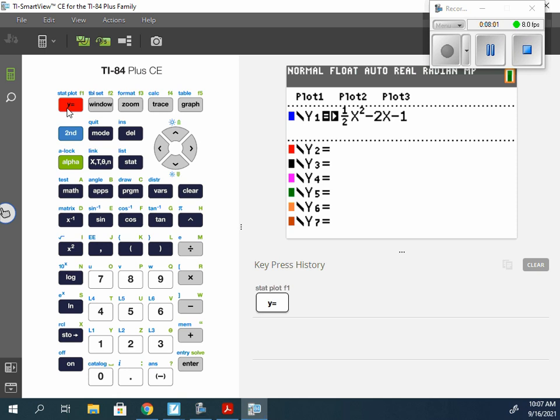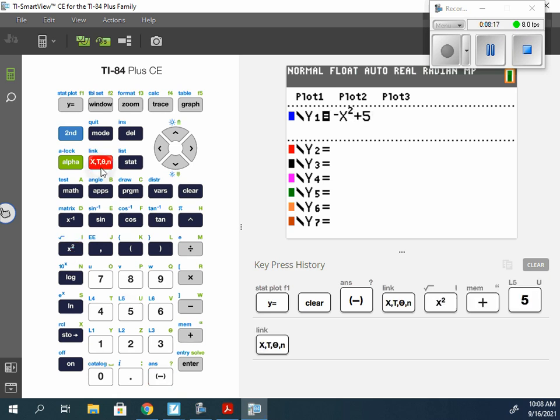So we want to put our new function in, yes? Now we could go through and type through, but I'm going to just hit clear to clear the old function out. We could say negative x squared plus 5x plus 9. And once you get that typed in, go on and hit graph.